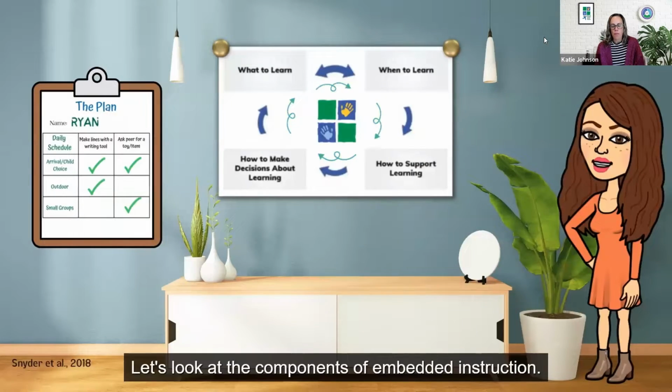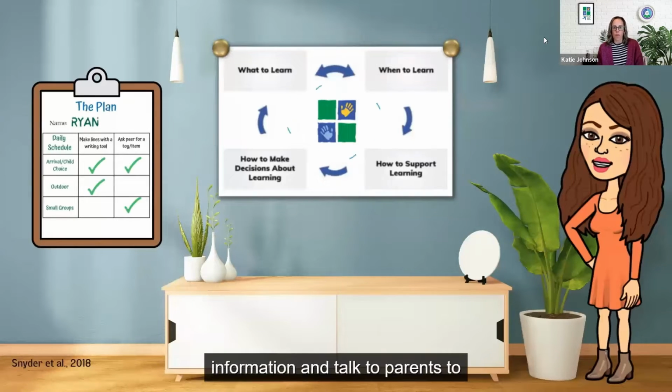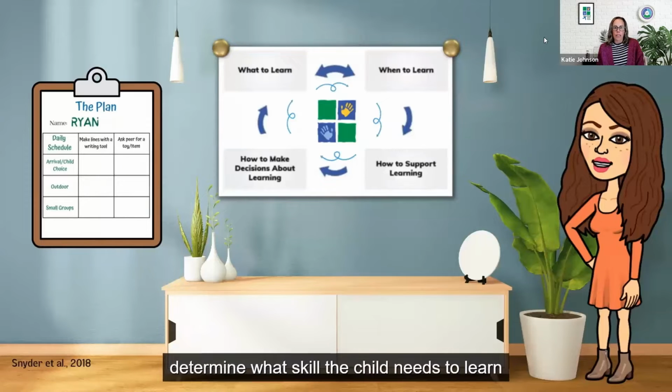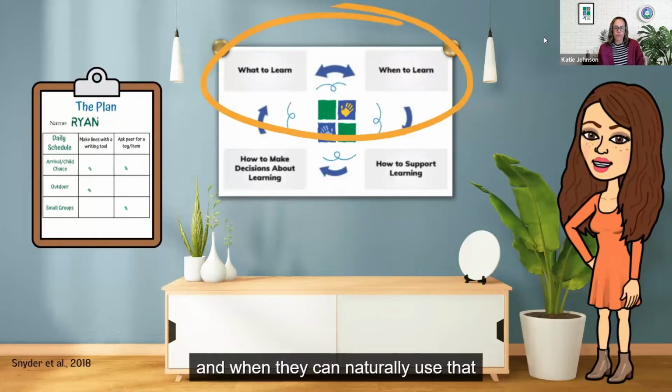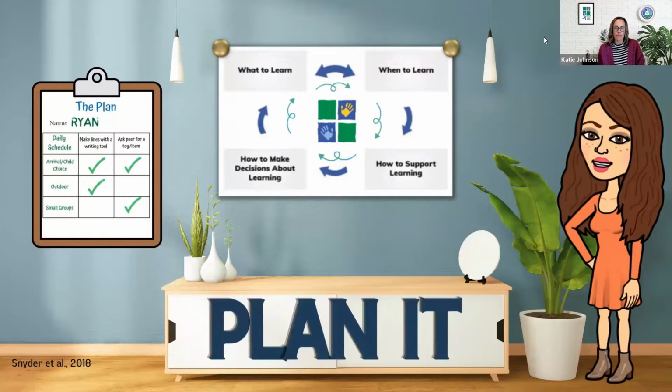Let's look at the components of embedded instruction. First, teaching teams observe, review child information, and talk to parents to determine what skill the child needs to learn and when they can naturally use that skill within the classroom. They use this information to write the learning plan.